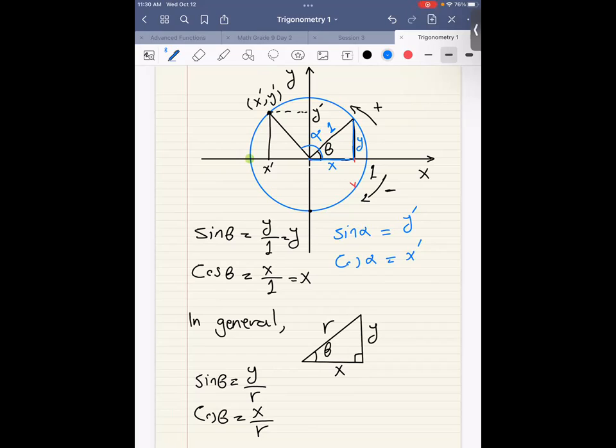What about sine? If theta is equal to pi half, what is y? Y would be 1, right? So that means sine of pi half is 1.